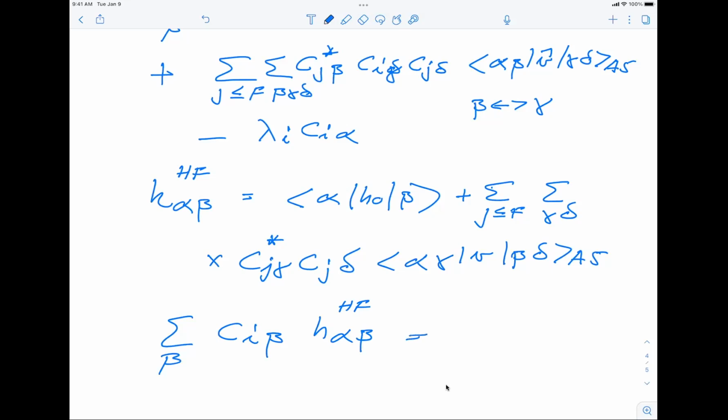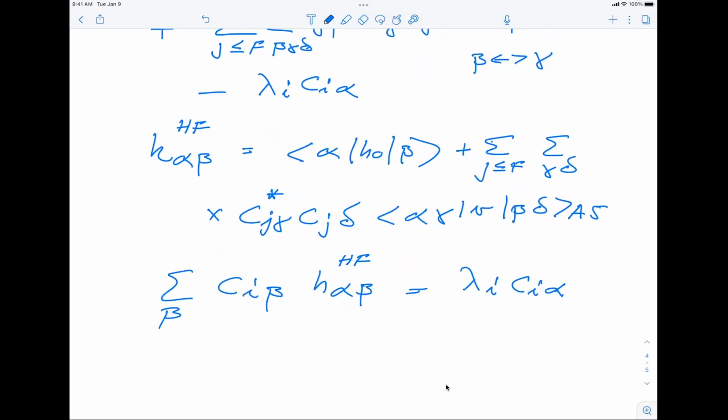And if we now look at the right-hand side, what I will have is a lambda times ci alpha. And this is nothing but an eigenvalue problem, which I can then translate into this Hartree-Fock matrix, or Hartree-Fock operator, which we call it, or now a matrix.